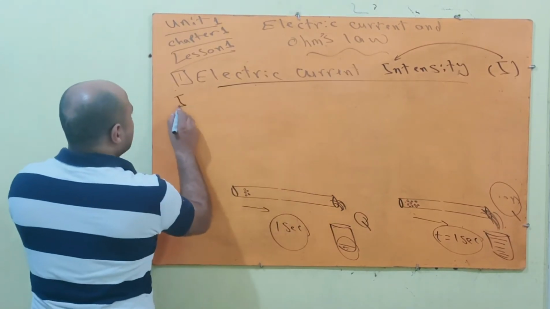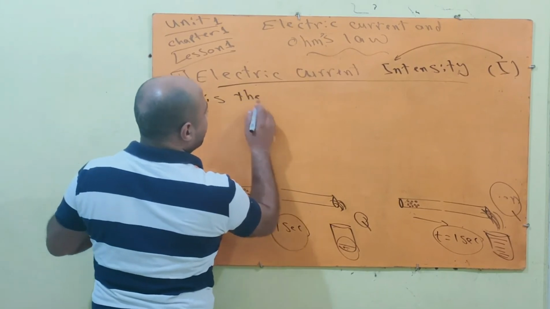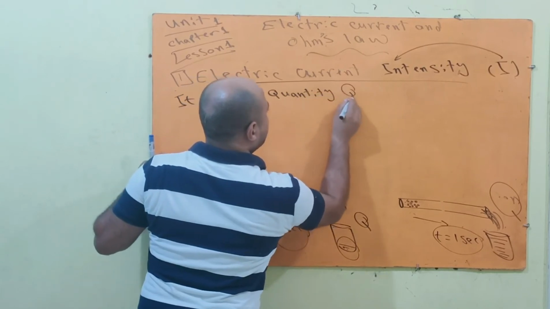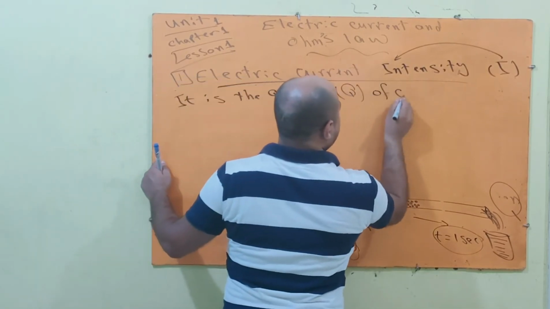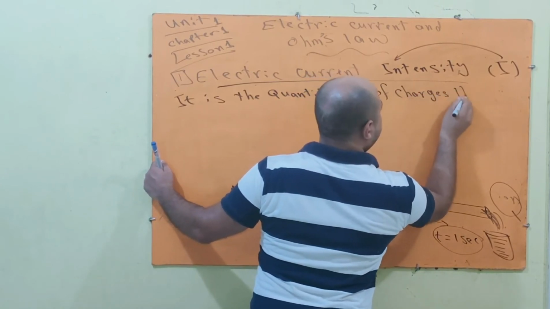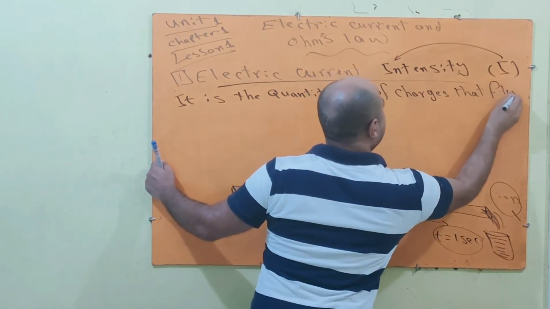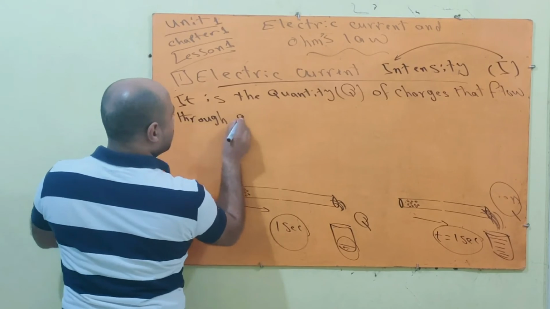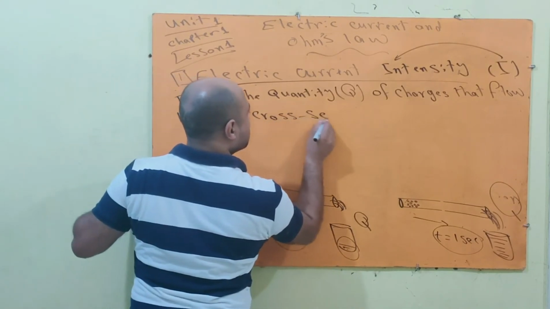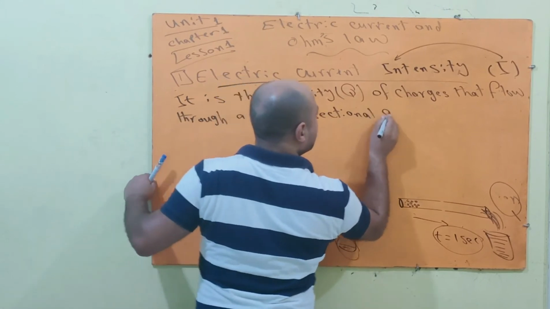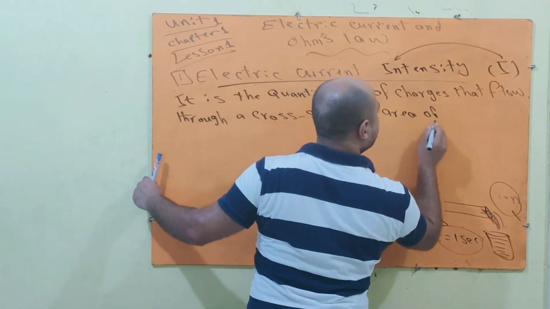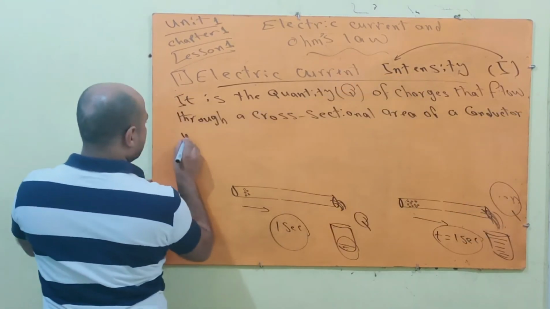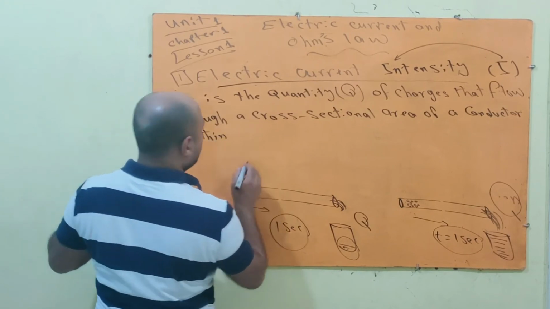It is the quantity Q of charges that flow through the cross-sectional area of a conductor within 1 second.